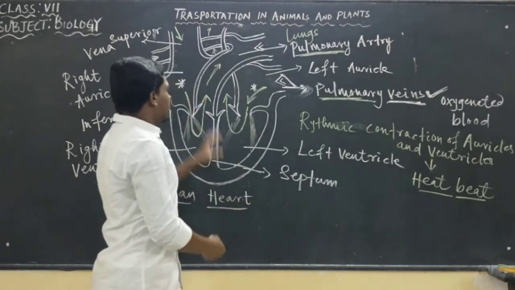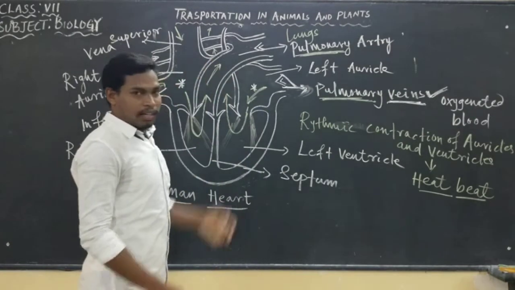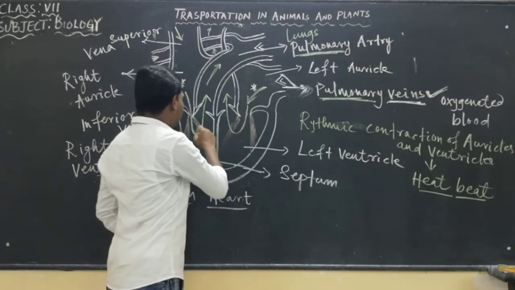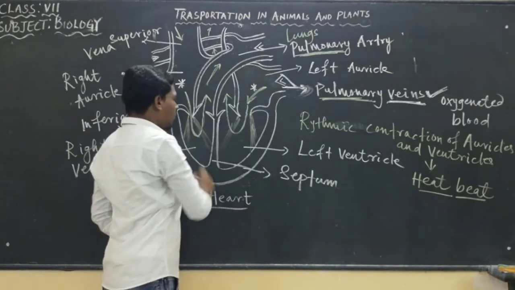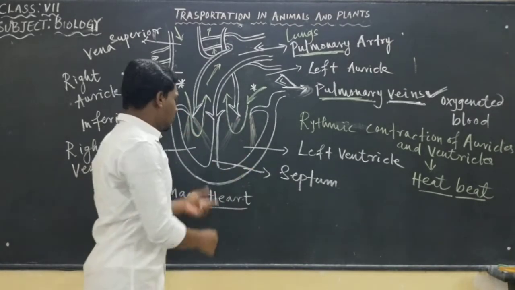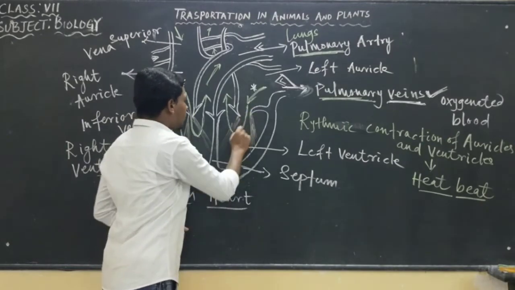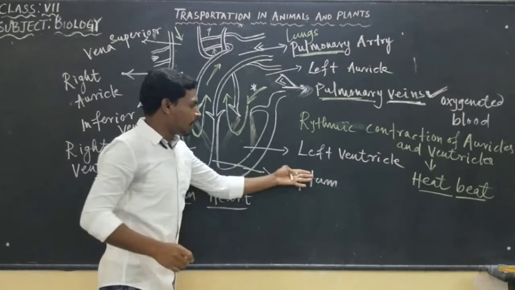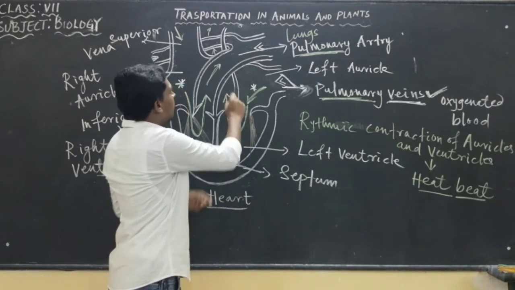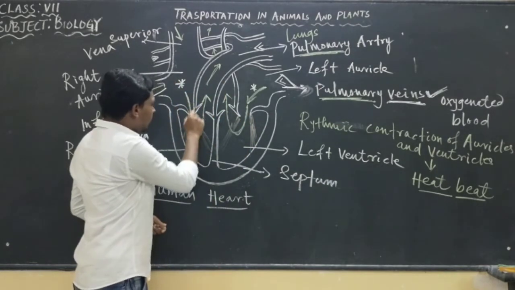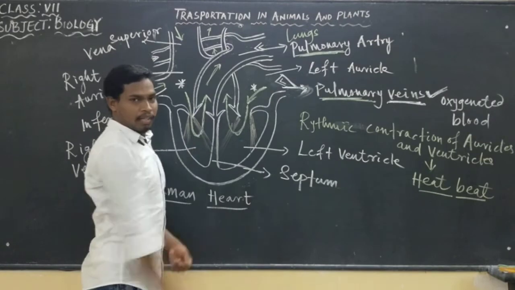So when the auricles contract, the blood goes to the ventricles. When the ventricles contract, the blood goes up from the ventricle. From the left ventricle it goes to the aorta. From the right ventricle it goes to the pulmonary artery.